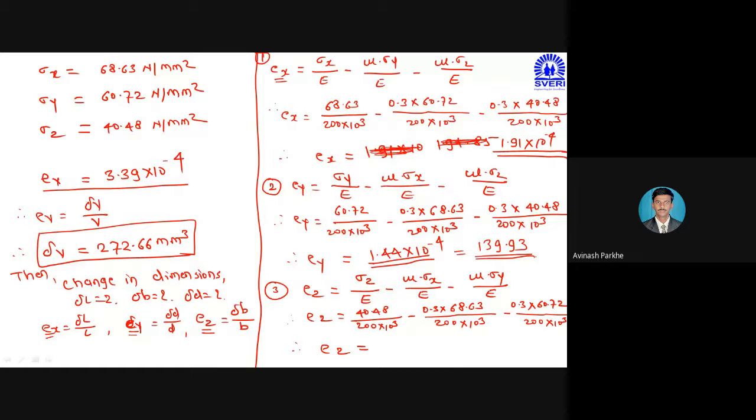I am having the answer of epsilon y 1.39 into 10 raised to minus 4. Yes, 1.39 into 10 raised to minus 4. Versus 1.44 into 10 raised to minus 4. Please do the calculations once again, whether it is 1.44 or 1.39.